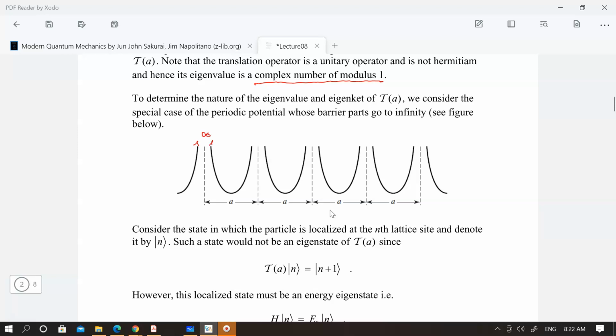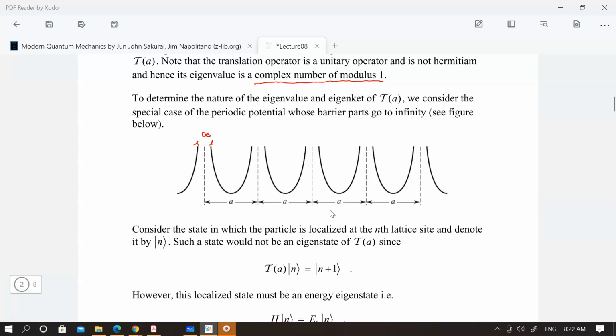So there is a zero probability of the particle tunneling through this barrier, okay? Physically, if you think of a single quantum particle, it will get settled in one of these potential wells.